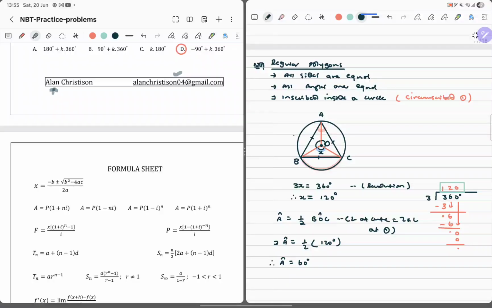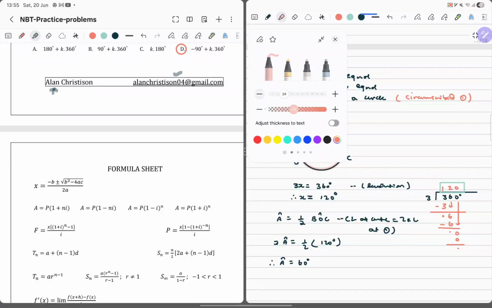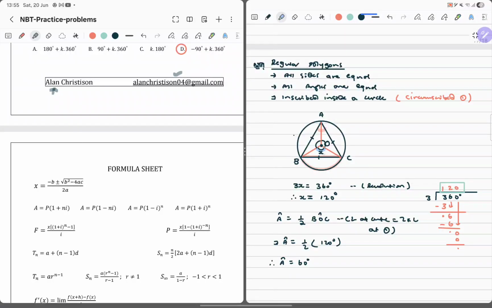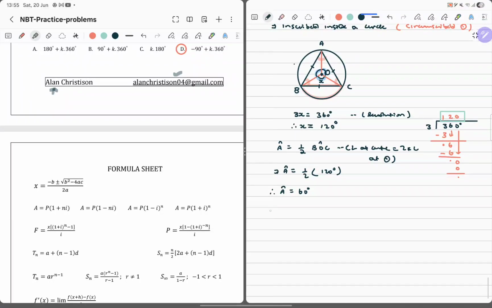And this is going to be the same for each of these angles, because each of them is 120. Remember, this is 120 and that is 120. So all their angles at circumference are going to be the same because these are equal chords. That's why all the angles are 60 degrees. So we can conclude that A is equal to B, which is equal to C, which is equal to 60 degrees.